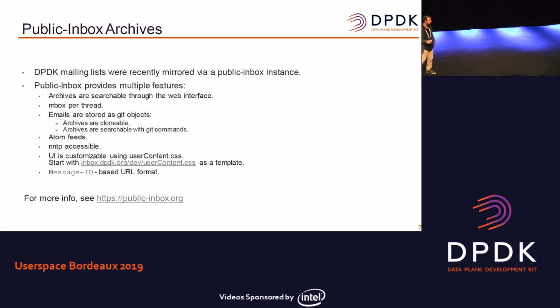It provides a very fast search engine with the Xapian framework as the backend. It provides the ability to download an mbox per thread, an mbox file that you can import into your mail client with all of the headers unchanged, and you can just click reply after that, and that should work.